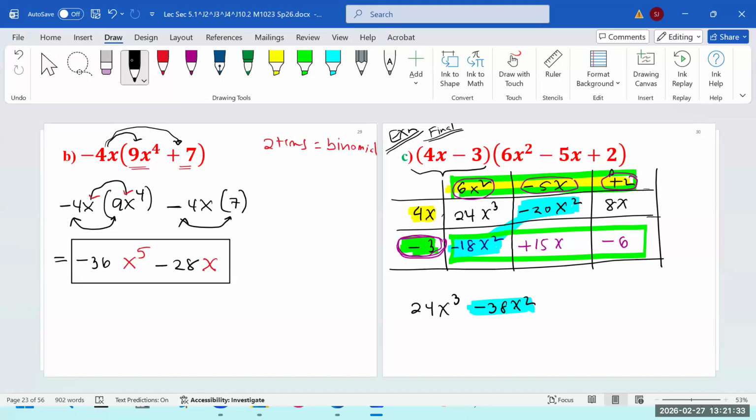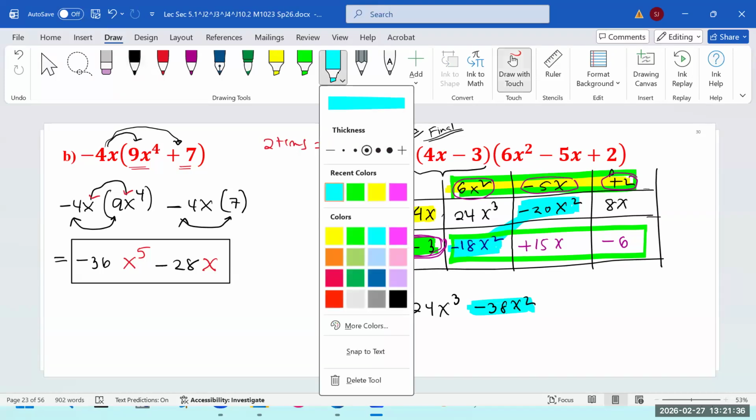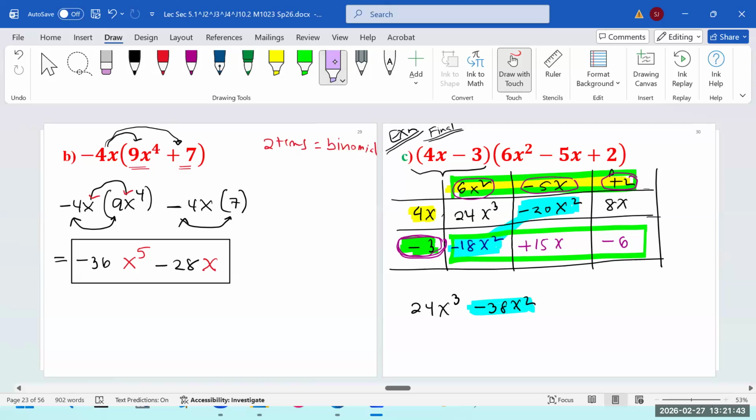And then, let me change the color to lavender. We see an x term. We have 8x here. Do you see any other x term? 15. So we combine these two and put them together. How much is 8 plus 15? 23x, and both are positive.